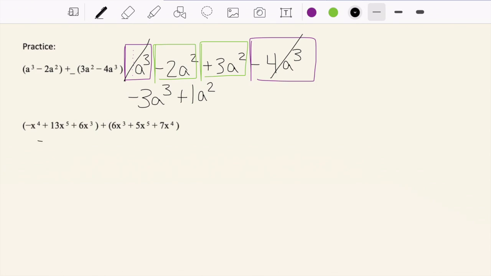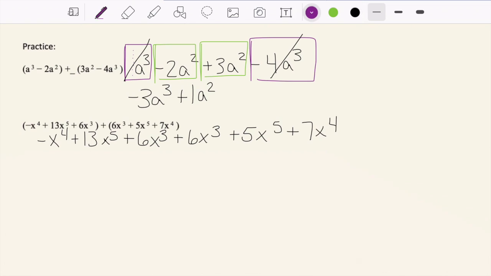So we're going to rewrite the whole thing without the parentheses, plus 5x to the fifth plus 7x to the fourth. Again, it looks pretty long and big, but we're going to follow those same 3 steps. We rewrote it without parentheses, and now we're going to identify our like terms.